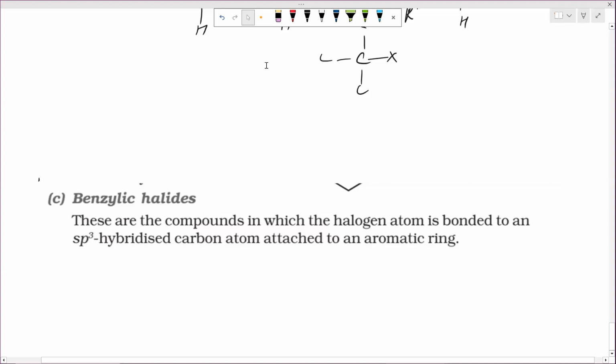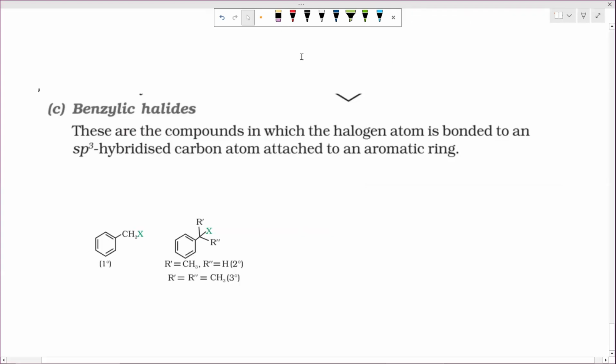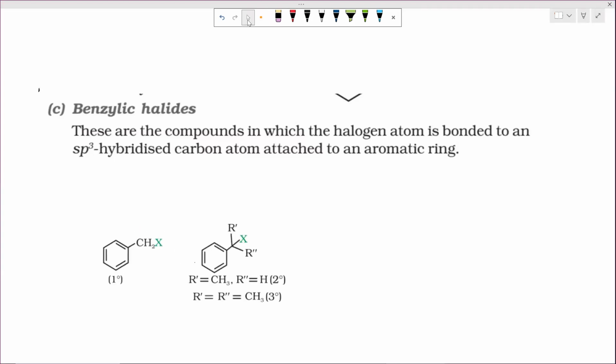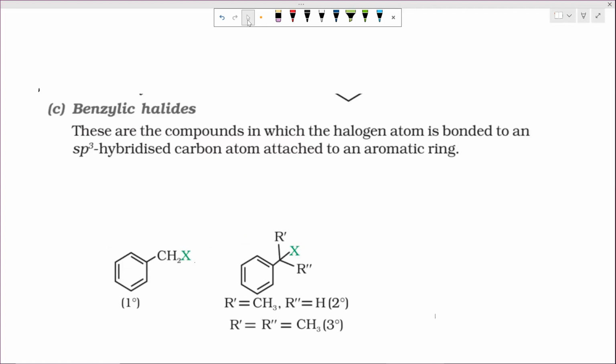Here, this is the benzene ring. I'm saying those compounds in which the halogen atom is bonded to an sp3 hybridized carbon attached to an aromatic ring. Keep in mind that benzylic halides contain a second carbon; the first carbon should not be attached with the halogen.